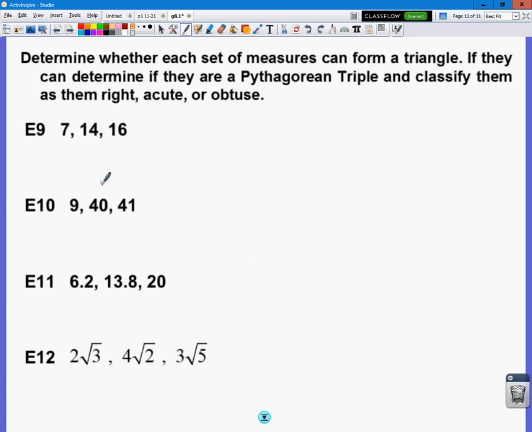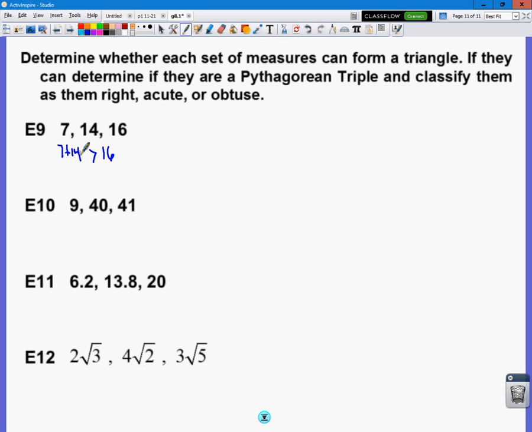So, first thing we're going to do here is determine whether this can actually be a triangle or not. Does anybody remember how to do that? I add 7 and 14, and if it's greater than 16, then it can form a triangle.